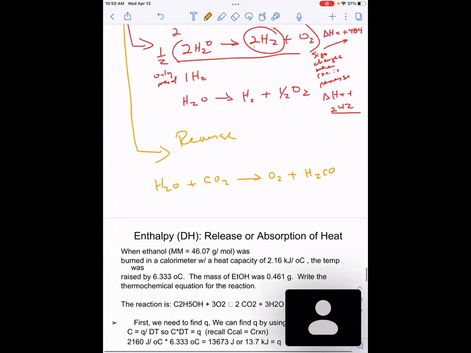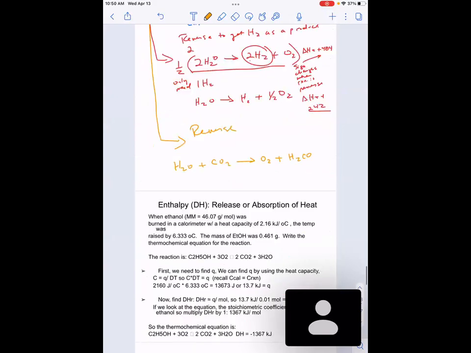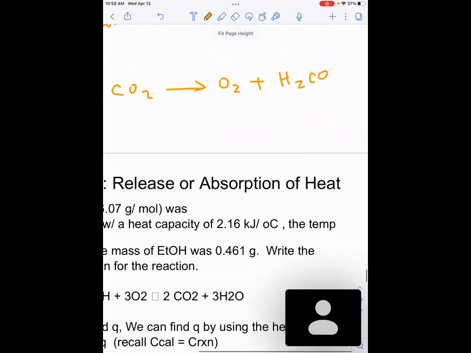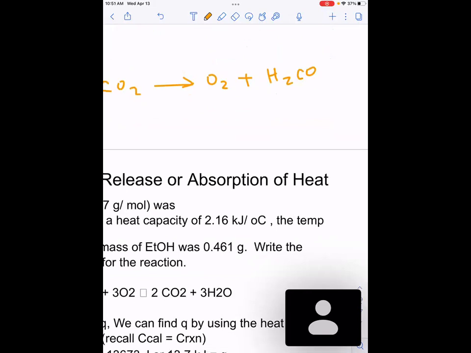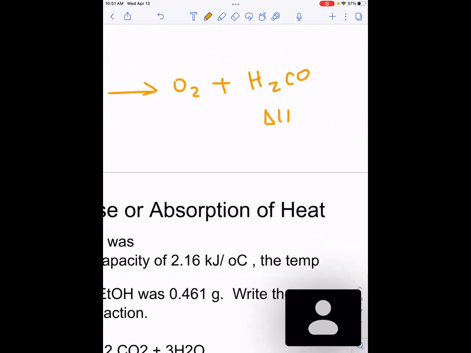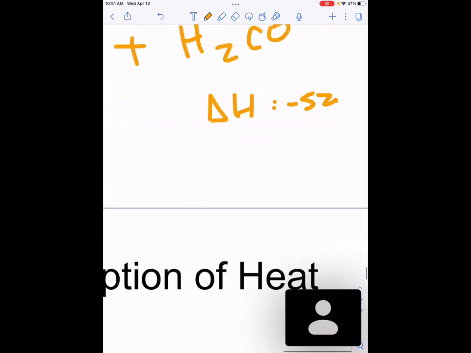That's fine because for the stoichiometry, everything is 1-to-1, so we don't have to touch that. And the delta H for that was negative 520, and that's in kilojoules.